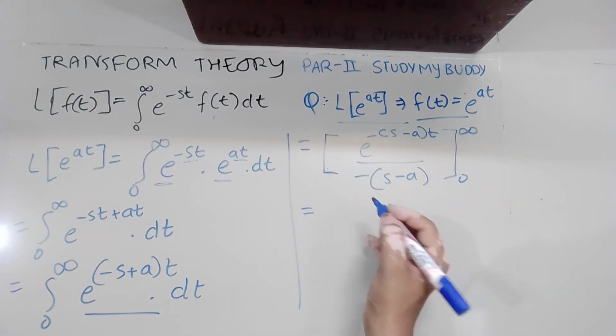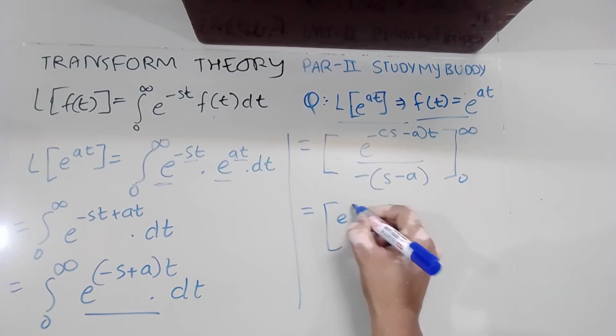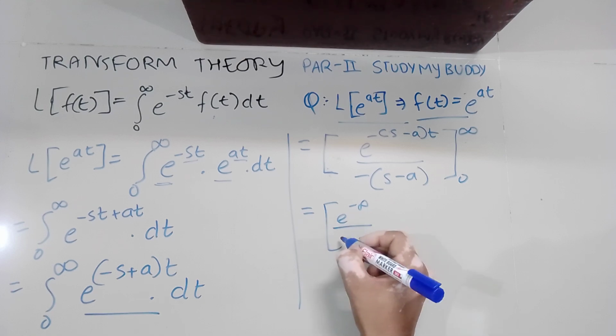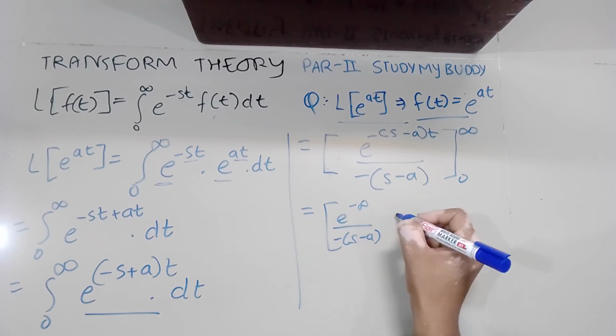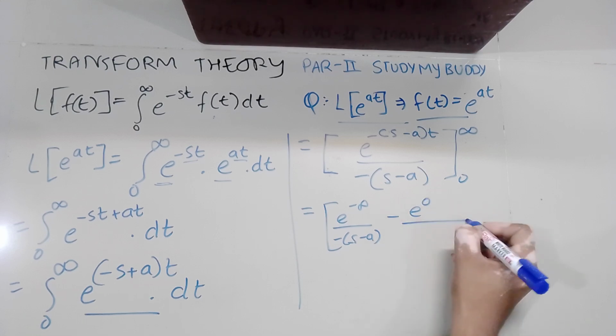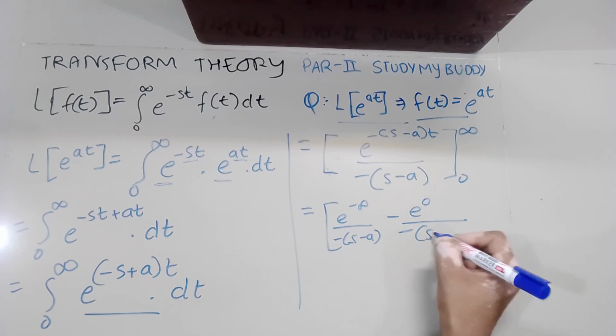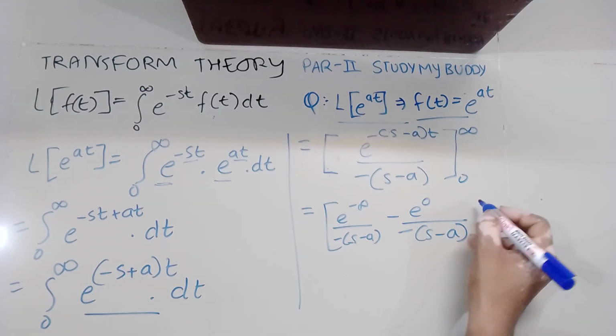And so this will be equal to e to the power minus infinity upon minus s minus a, minus e to the power 0 upon minus s minus a.